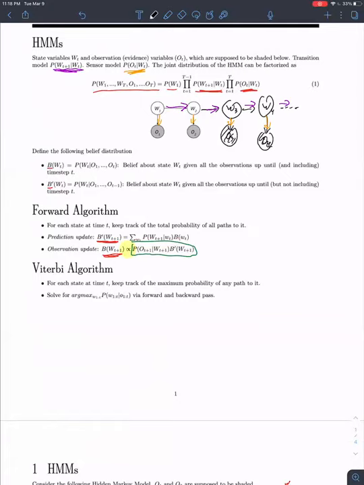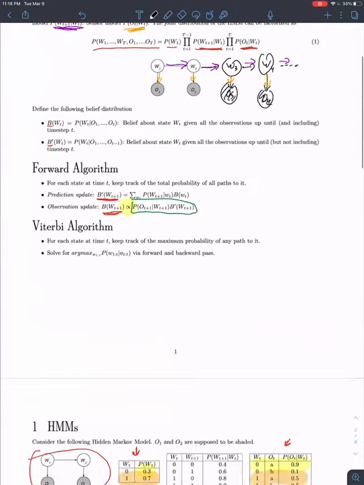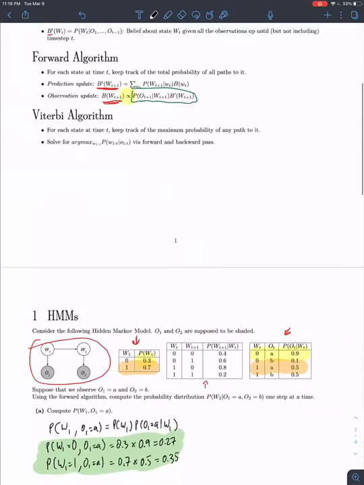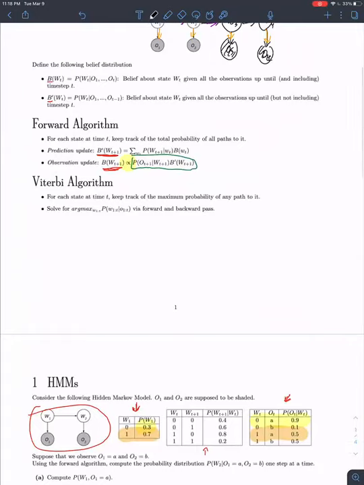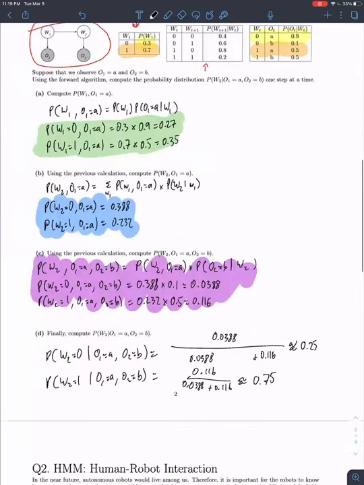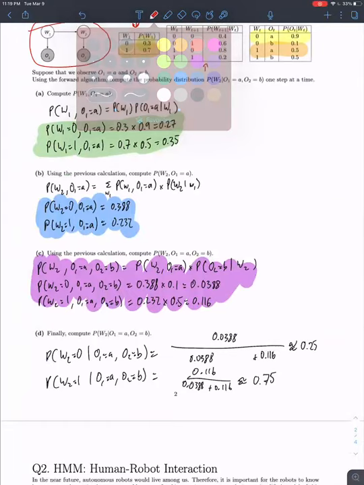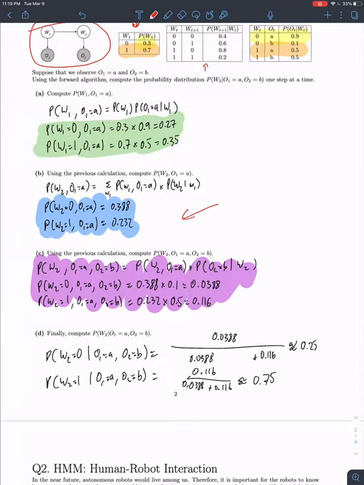So the B prime was our belief about the state WT, given all the observations up to but not including time step T. So you can see in this step, we're basically doing that, but instead of conditioning on O1 is A, we're doing the joint. But that's not really important because we could have just renormalized.